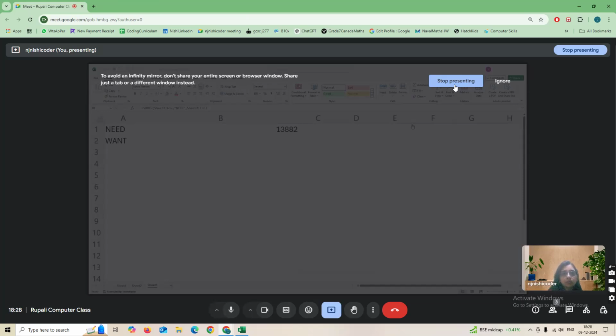Shift, shift. Mine will be sum if sheet 1.